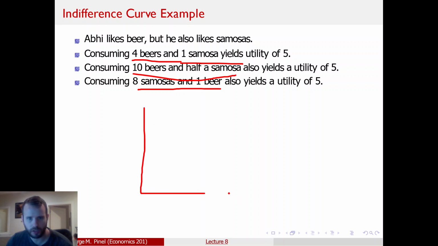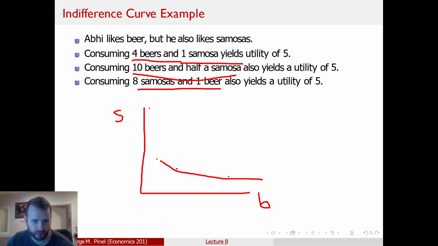You can draw beer on one axis, samosas on the other, and you can have 4-1, 10-0.5, and 1-8.